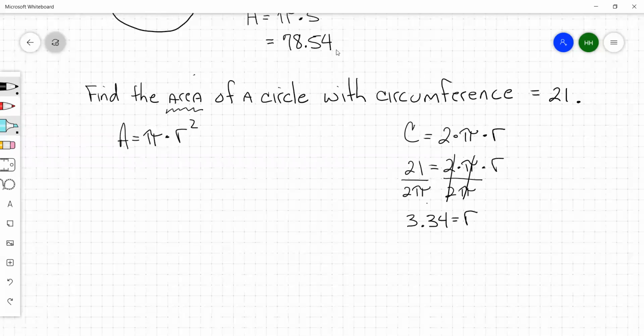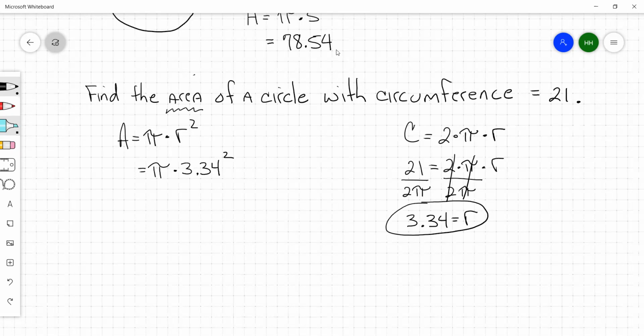So now we're going to take this radius and we're going to use it in this area formula. So the area of this circle is going to be equal to pi times 3.34 squared. So now, if you're still looking at your calculator, the 3.34 should be on your screen. You can push the x squared button, and that will square the 3.34, and then push times pi and hit equals.